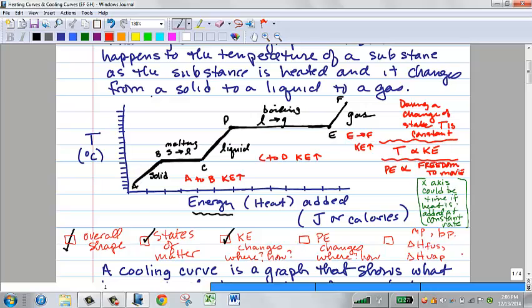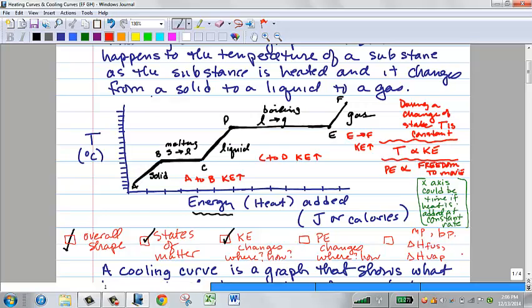So if I have a gas with the ability to vibrate, rotate, and translate, that has a lot of freedom to move, and so the potential energy of those molecules is higher than the potential energy of the liquid molecules that can only vibrate and rotate but not translate. And the potential energy of the liquid molecules is higher than the potential energy of the solid molecules that can only vibrate.